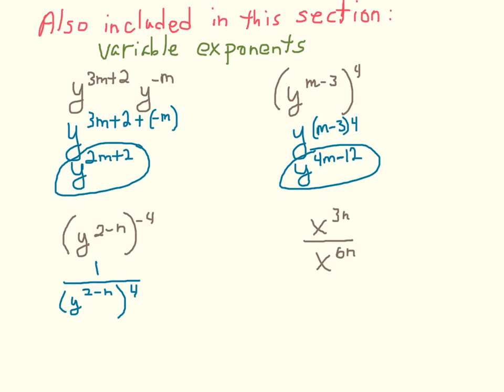So now I can multiply 1 over y to the 2 minus n times 4, and that would be 1 over y to the 8 minus 4n.